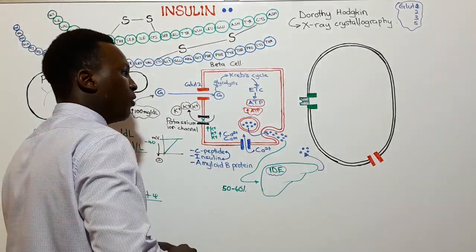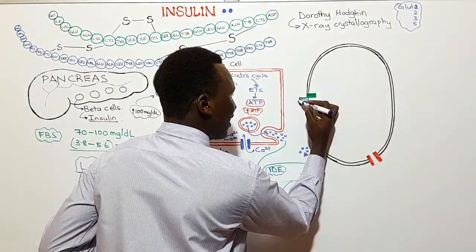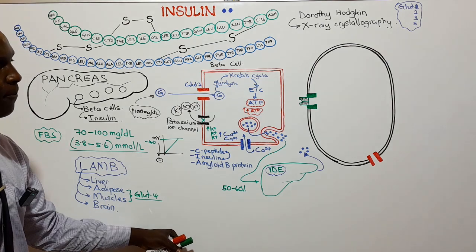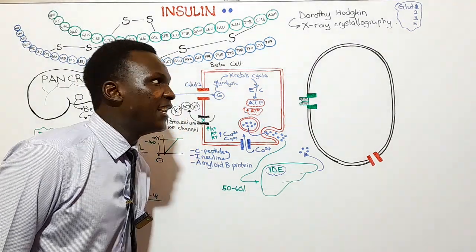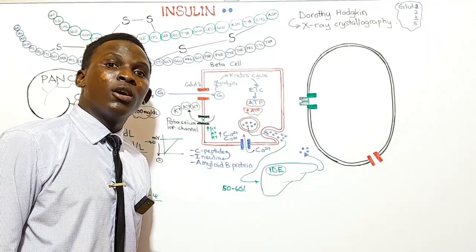How does insulin work at this moment? First of all, this is the receptor. That receptor is what they call the receptor tyrosine kinase. What is receptor tyrosine kinase? It is the insulin receptor.